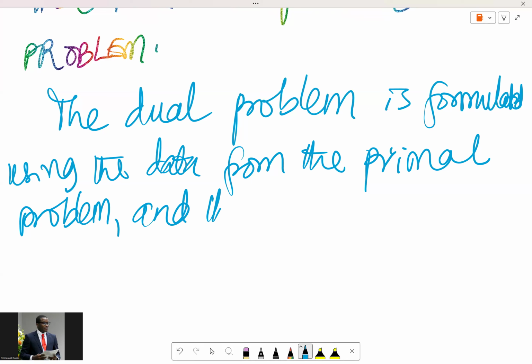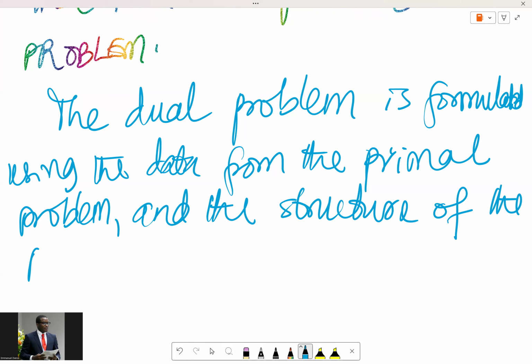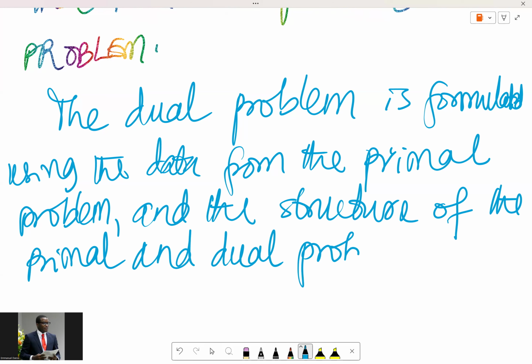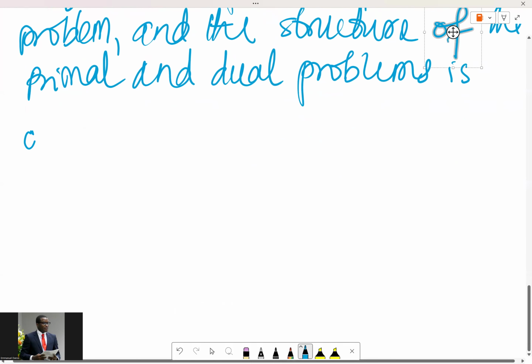And the structure of the primal and dual problems is connected in specific ways.